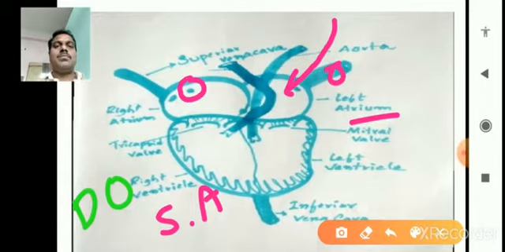So in the wall of the right atrium the SA node is present. This SA node is activated by the nervous system of the brain.